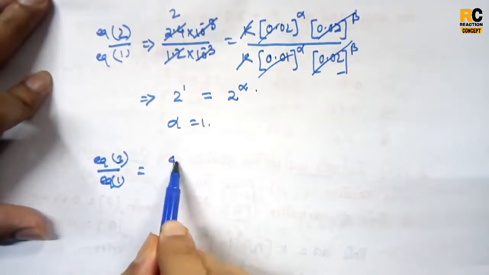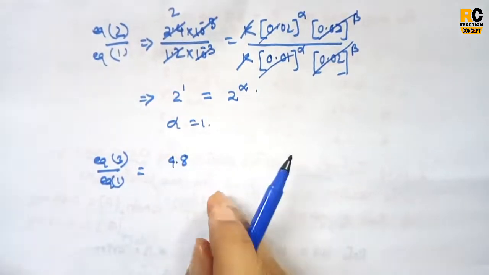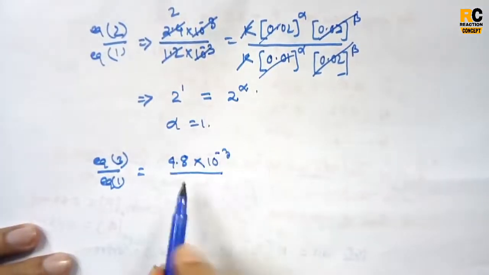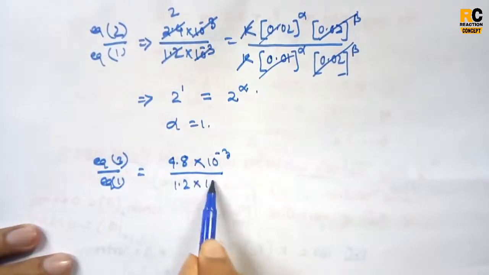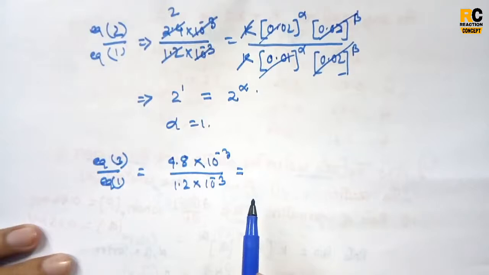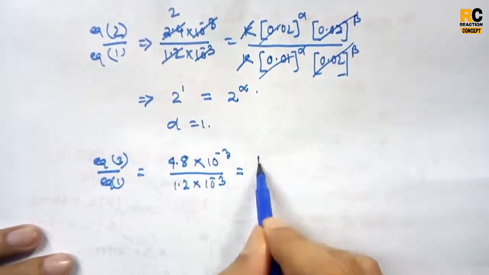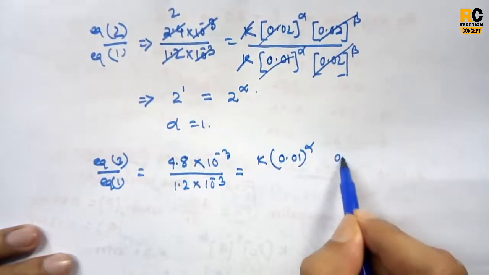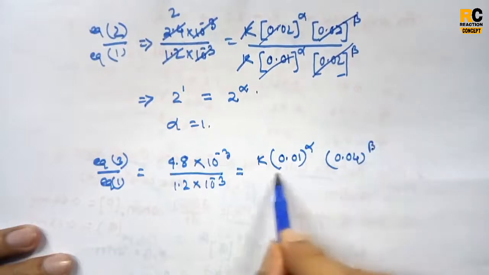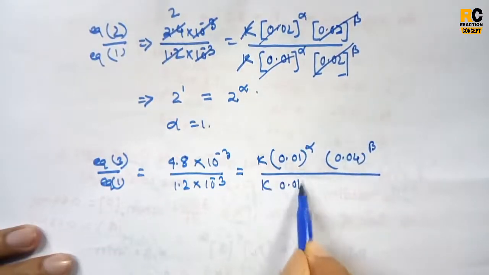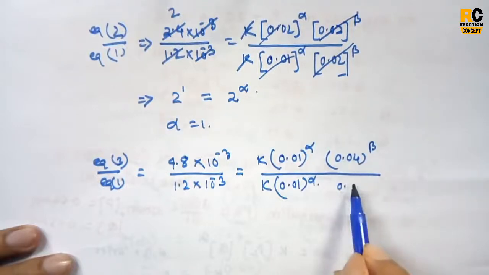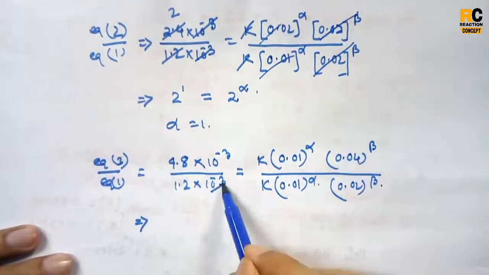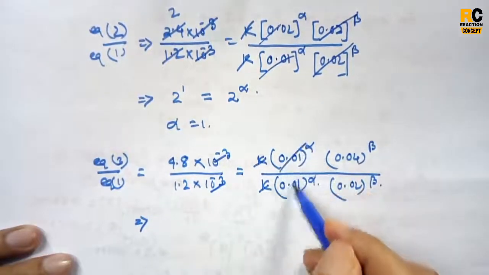For 3 we have the rate 4.8 into 10 to the power minus 3. So these terms will cancel out.